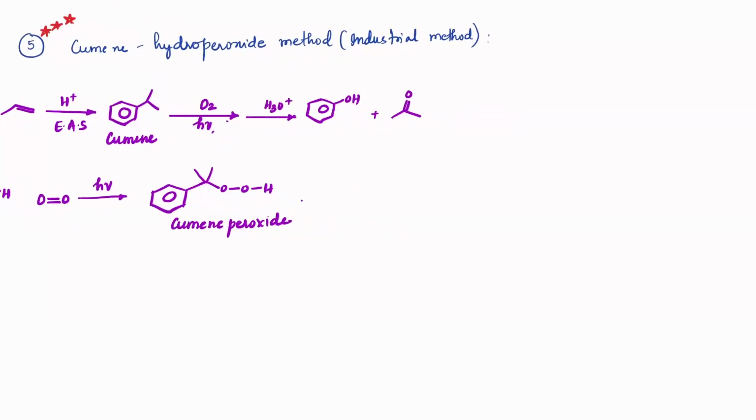Okay. Now, if we continue with cumene hydroperoxide in acidic medium, what would happen here? First, you would see we have O, O and H with protonation happening on this position like this.